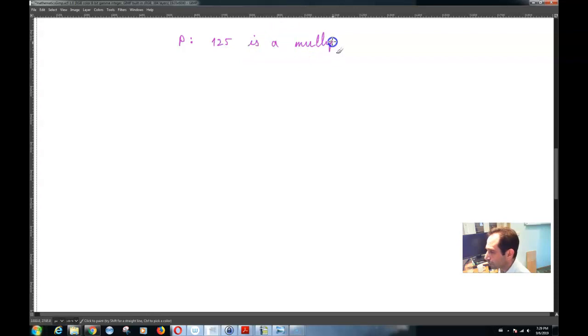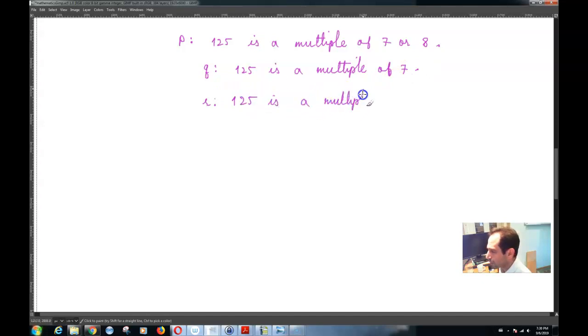The component statements of this compound statement, if I write them as Q and R, are basically: 125 is a multiple of 7, and 125 is a multiple of 8.